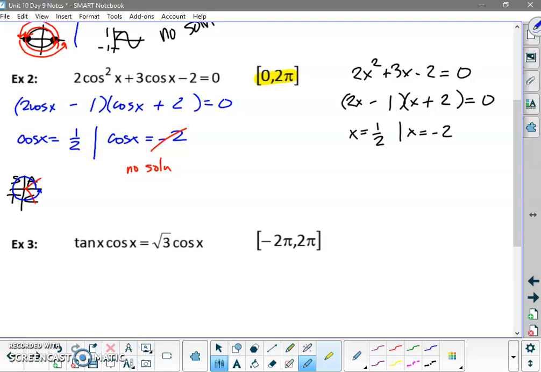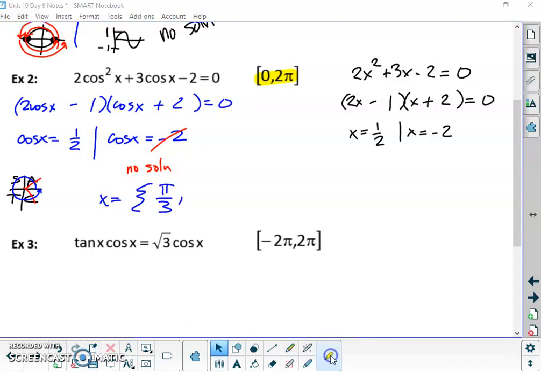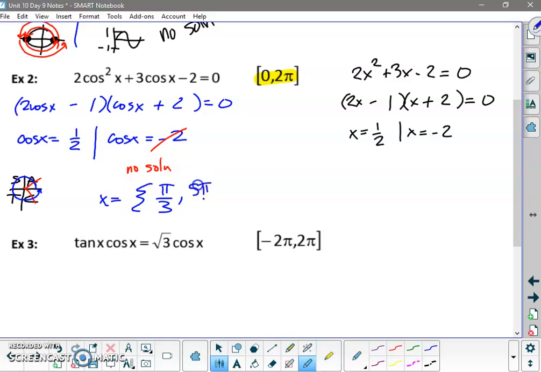So where's cosine 1/2? You've got to know that's 60 degrees, so that's pi over 3. Pi over 3 is just pi over 3 in the first quadrant. In the fourth, we have 5 pi over 3. And that's your solution.